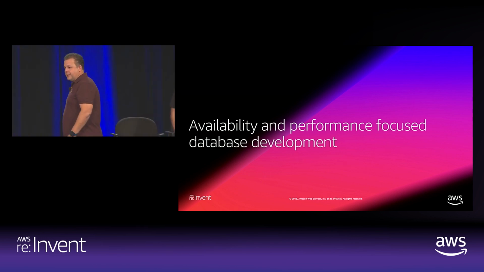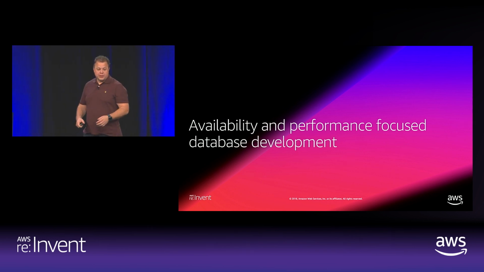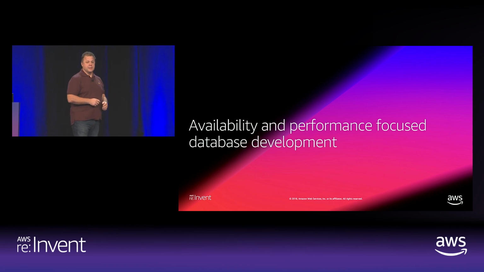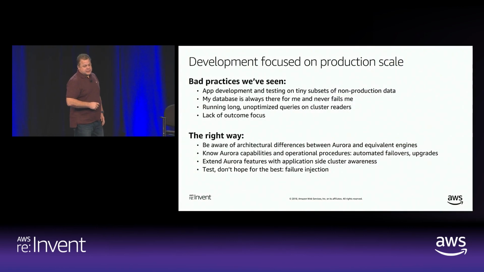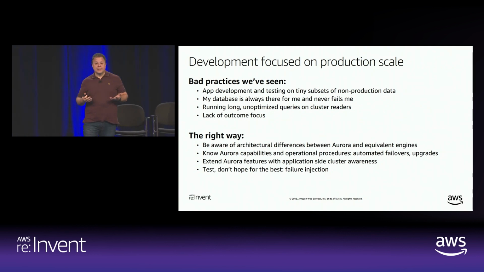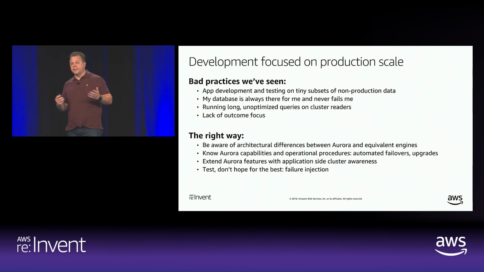Absolutely. All right, everybody. So we're going to jump from here into availability and performance-focused database development. Again, looking at the best practices versus anti-patterns that we've seen out there in the wild, so to speak: app development testing on tiny subsets of production data, considering that my database is always there for me and never fails me.